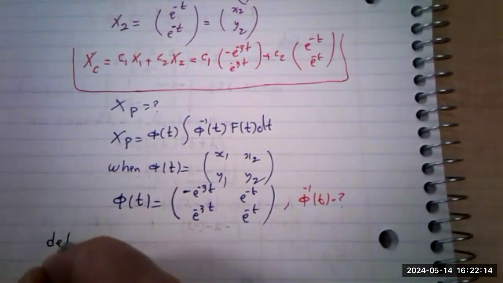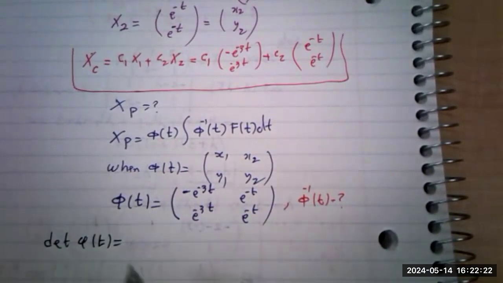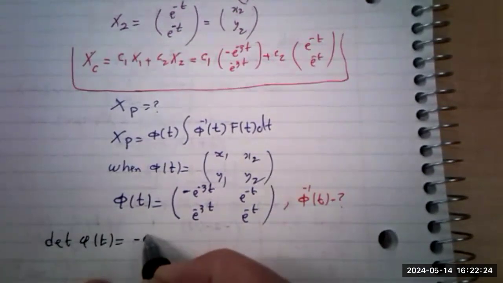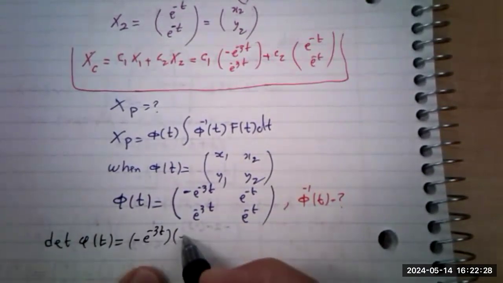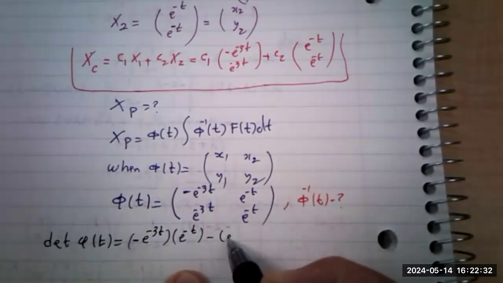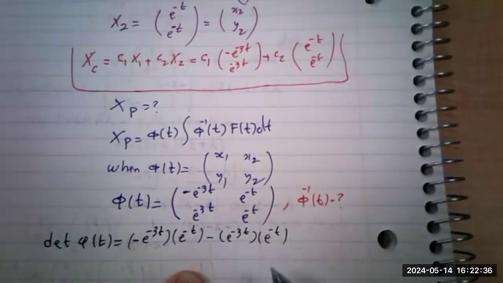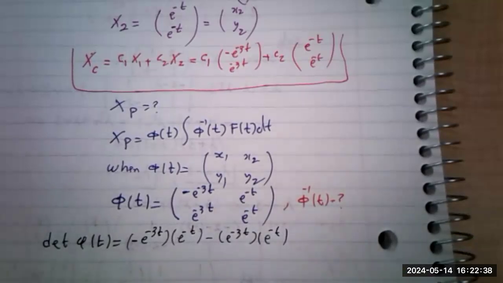So what's going to be the determinant of phi of t? Cross multiply these. I'll write it down. It is negative e to the negative 3t times e to the negative t, minus the other one, e to the negative 3t times e to the negative t. Okay, carefully multiply and add the powers.